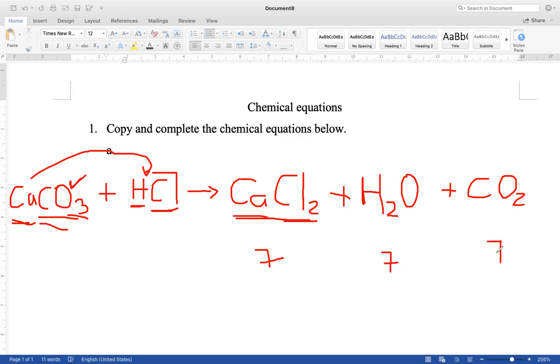Carbon dioxide is, though it's considered to be an acidic gas, however, in such a situation, you will find that it is produced as a byproduct, and this gas evolves, it comes out of the solution.